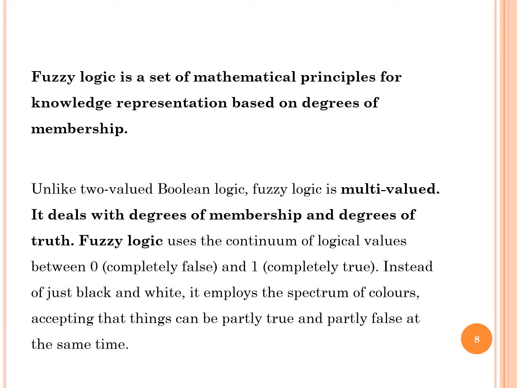We can have a number of membership values. It deals with degrees of membership and degrees of truth. Fuzzy logic uses a continuum of logical values between 0, which is completely false, and 1, which is completely true. Instead of just black and white, it employs a spectrum of color, accepting that things can be partly true and partly false at the same time.